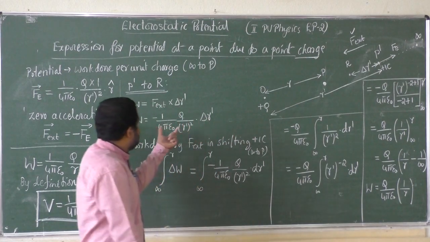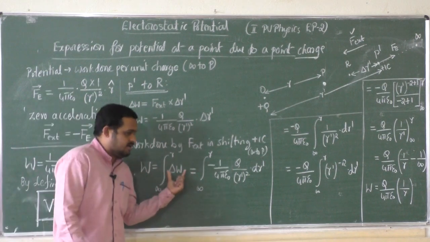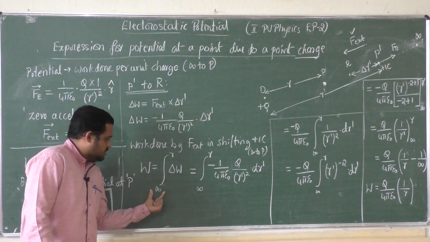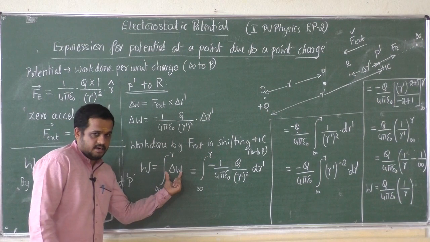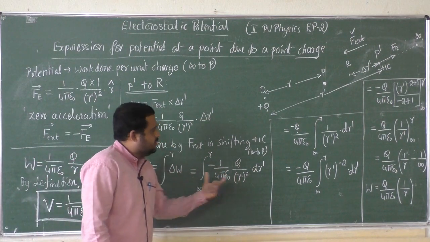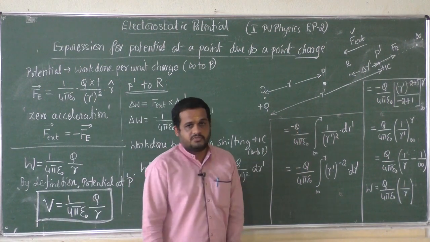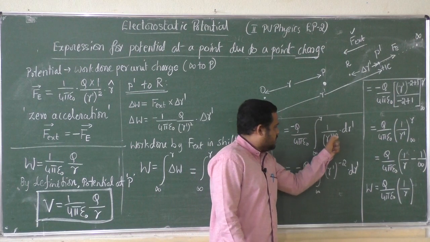For each small interval, the amount of work done is delta W. Therefore, total work done is integration from infinity to r of delta W. We substituted the expression for that delta W. The constant term is taken outside: minus q divided by 4 pi epsilon naught, 1 by r dash square.